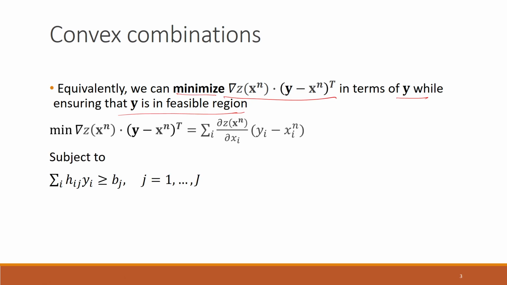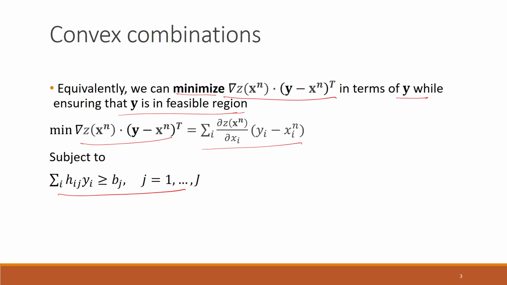We can write it in this form here, in component-wise form. This is equal to the summation over all components i of the gradient of z at xn multiplied by yi minus xin, subject to these constraints, where the variable y satisfies the constraints that we have.